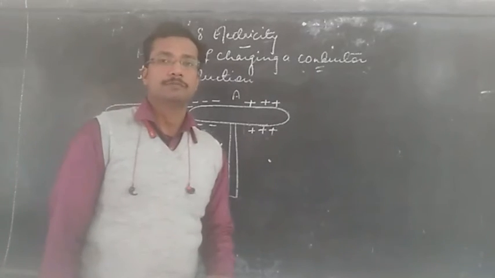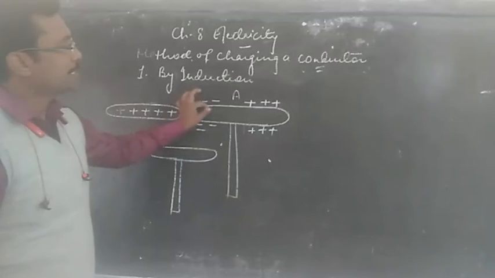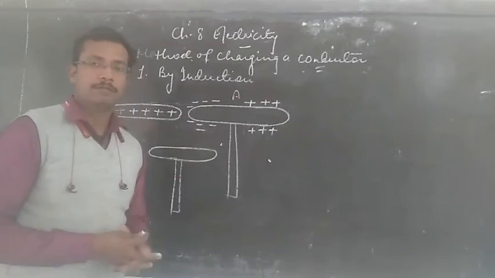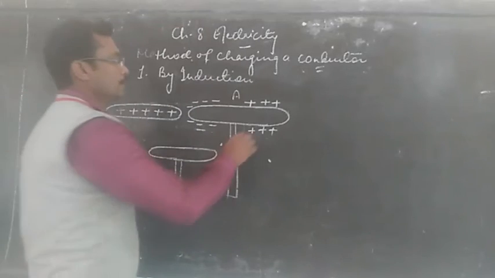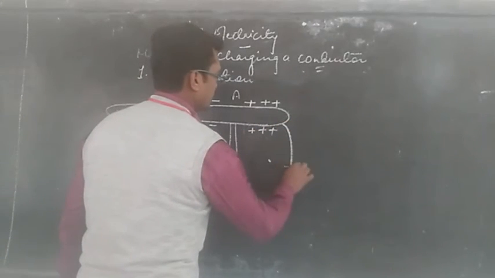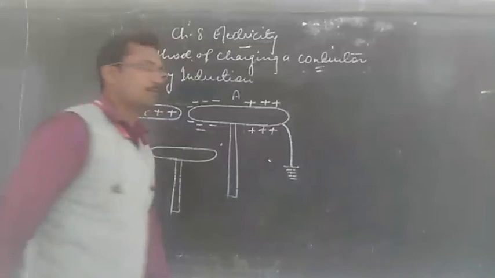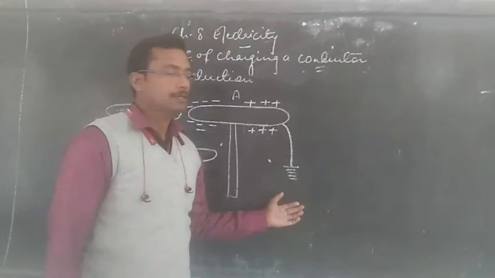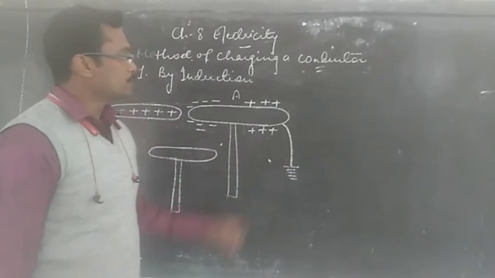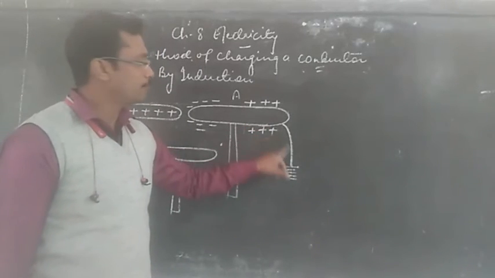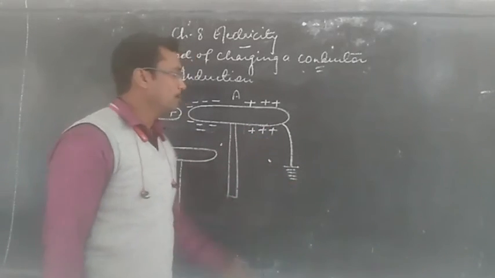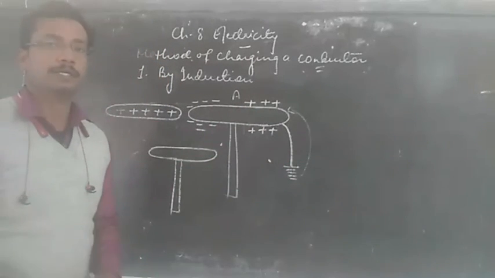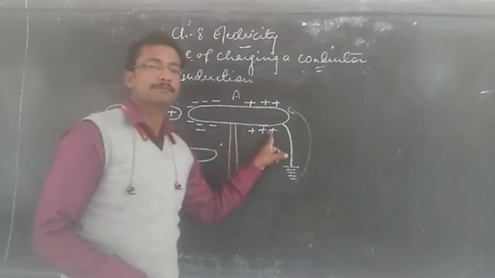Now suppose we want to retain the charges, we want to maintain the charge on this conductor. In that case we have to earth one end. When we earth one end, the free electrons of the earth will move to the positively charged end of the conductor and neutralize it.